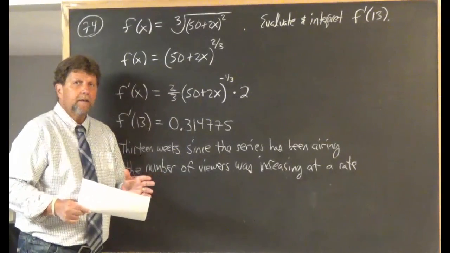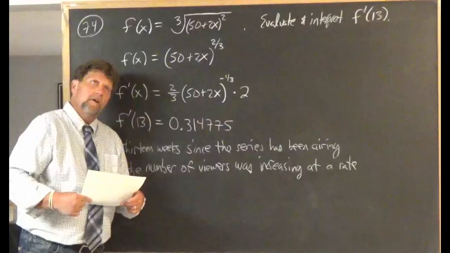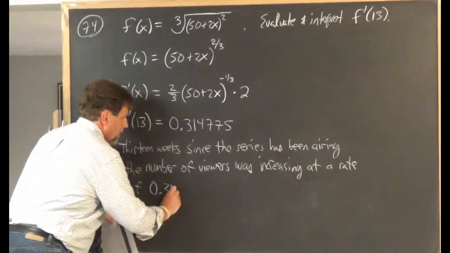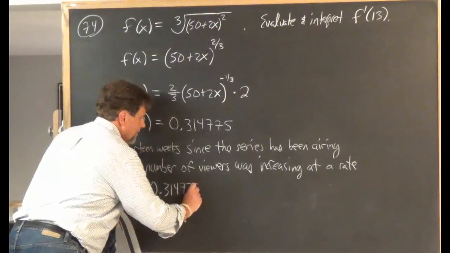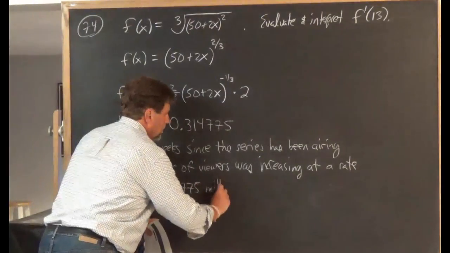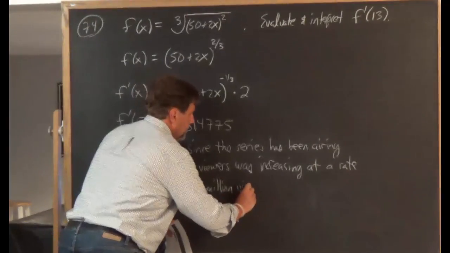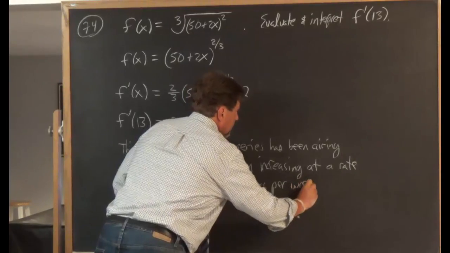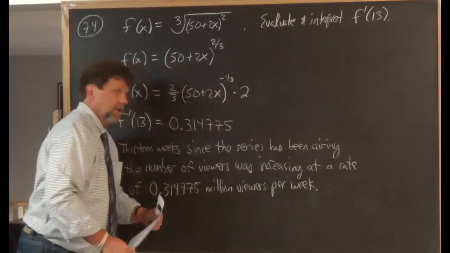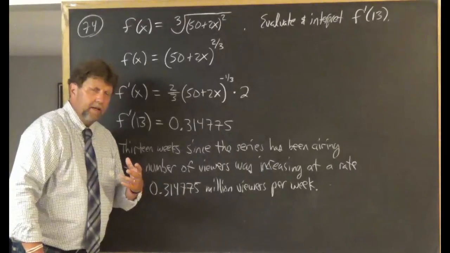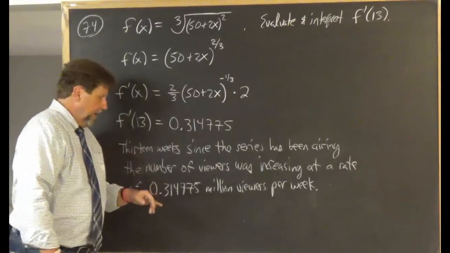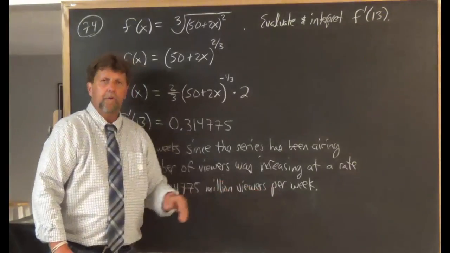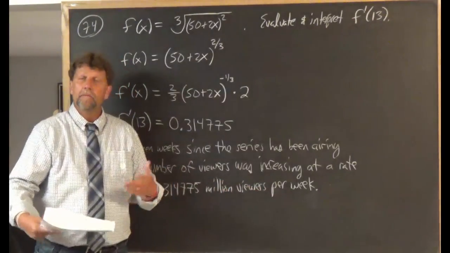Both are correct. I don't care. So for this one, I think I'll just write it as 0.314775 million viewers per week. And seriously, folks, if you would have said 314,775 viewers per week, that's awesome. That is correct.